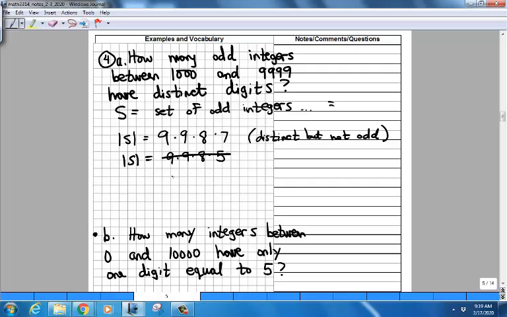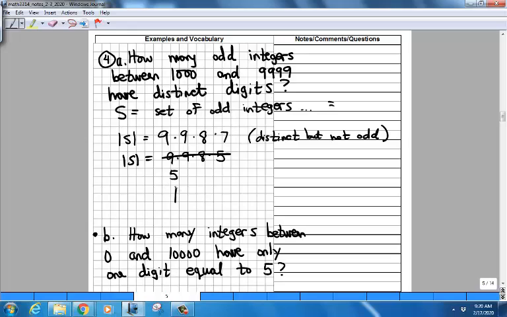In building up this number, you don't have to pick the first digit and the second digit and the third digit. You can pick the digits in a different order. So you said pick the last digit first. If I do that, how many choices do I have? 5. So the first thing I'm going to do is pick that last digit.